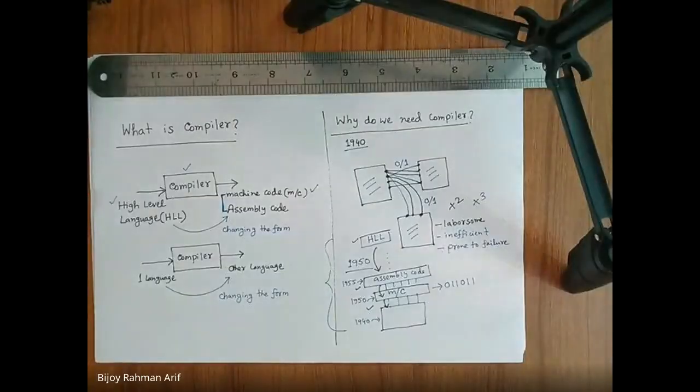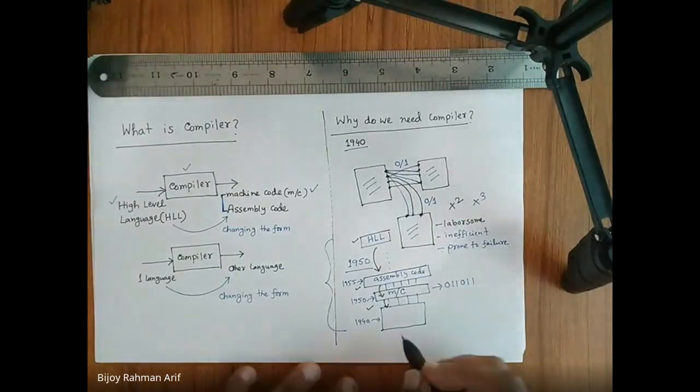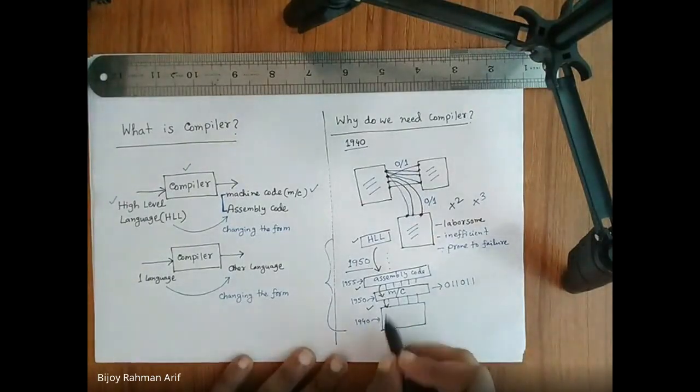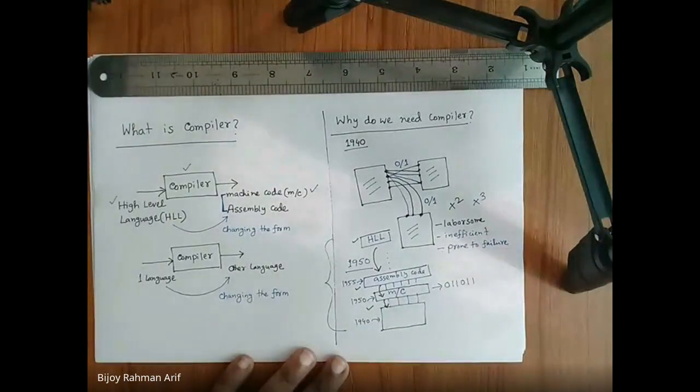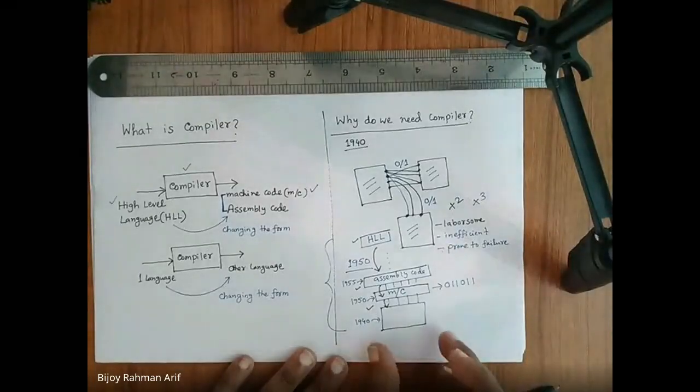Sir, regarding the assembly code, according to the different vendors, the assembly code is different from each other. Yeah. Okay, so wonderful question. I understand. In the 1940s, these machines were very limited. Right now, there are a lot of vendors creating this kind of machines.